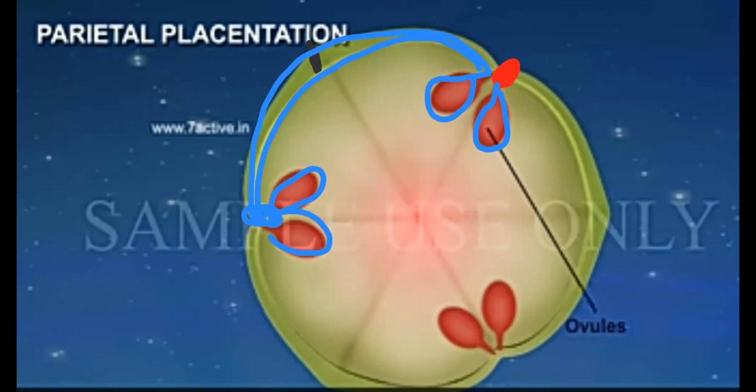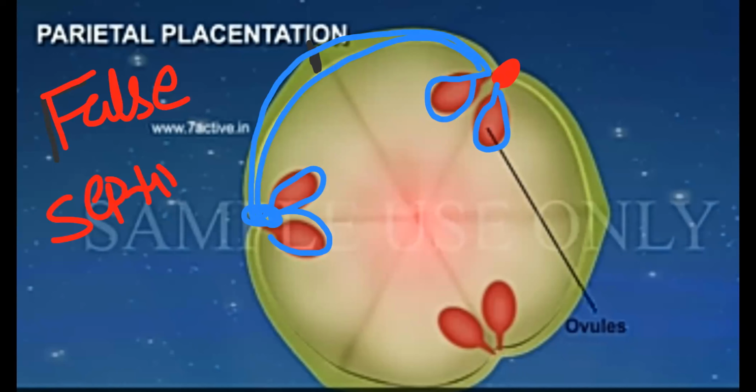And one peculiar feature of this parietal placentation is we call false septum or replum. In parietal placentation, the unique feature is the false septum or the replum.